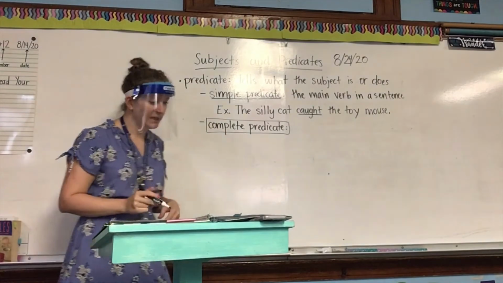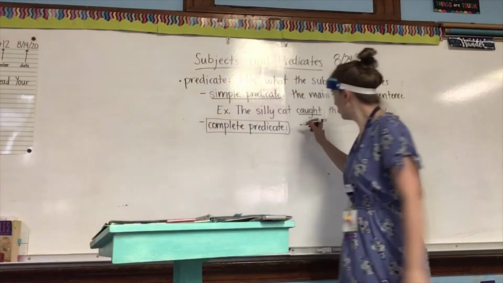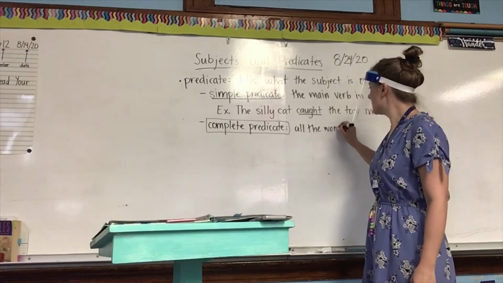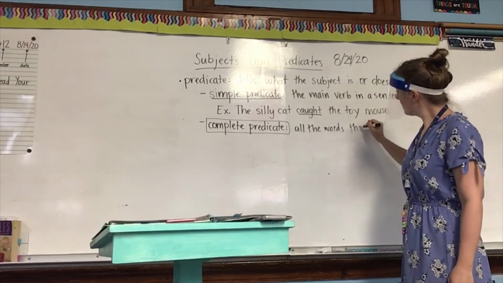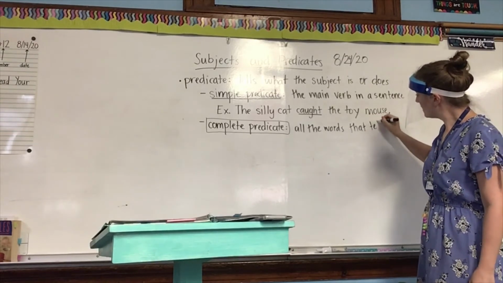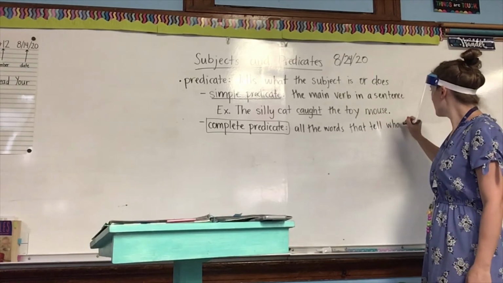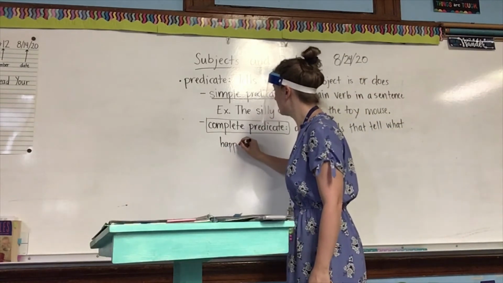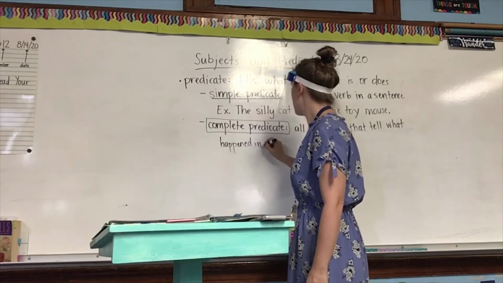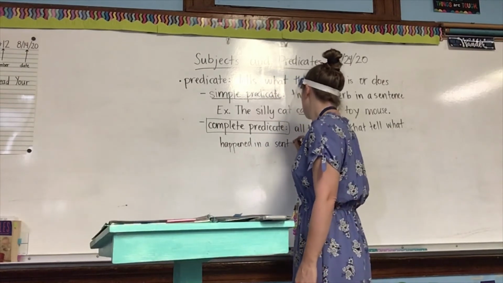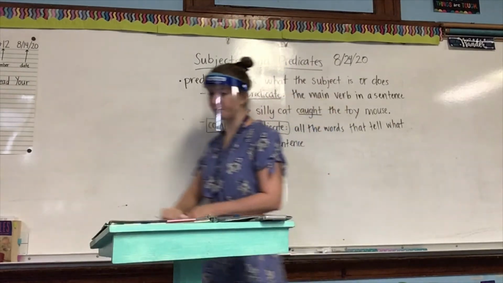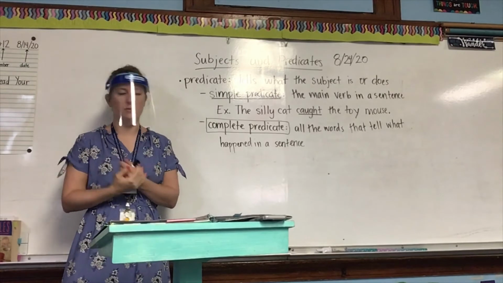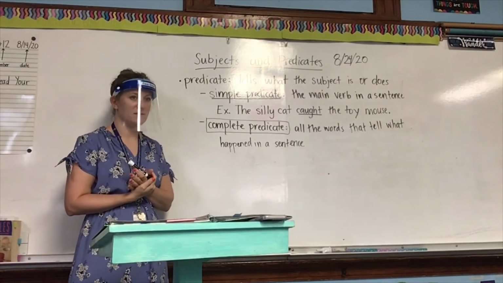Now, the complete predicate is all the words that tell what happened in a sentence. So the complete predicate is all of the words that tell what happened.